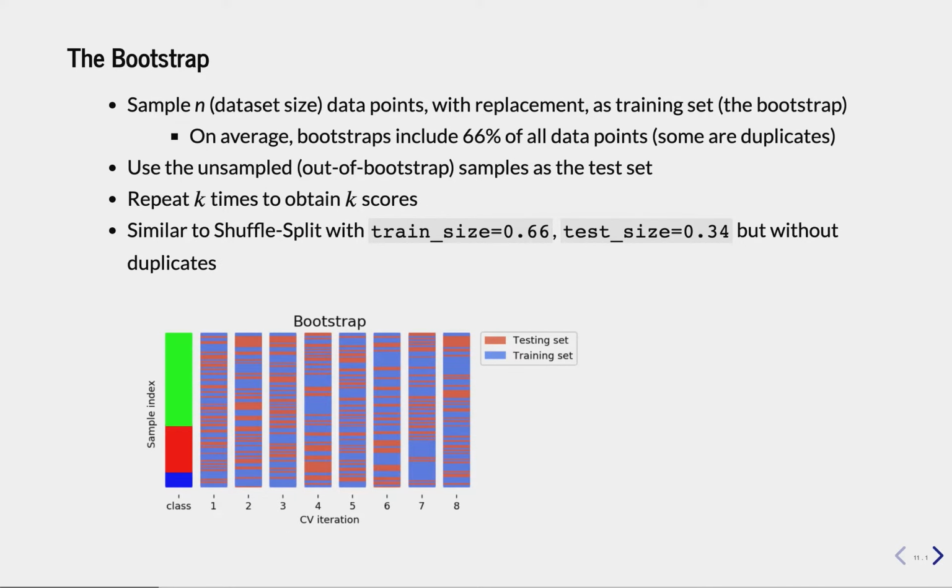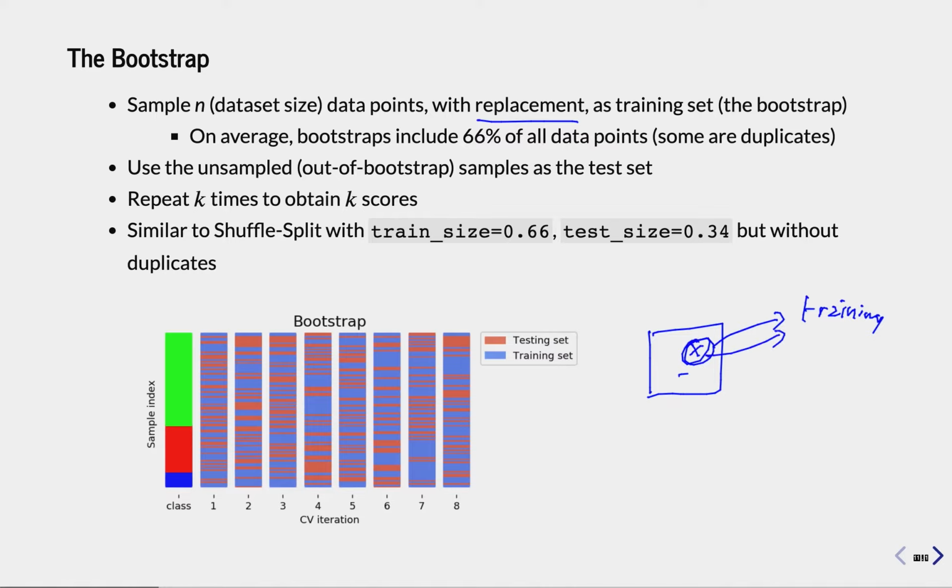And a final example of this is the Bootstrap. This is a bit special in that it samples with replacement. Now before, we either put a data point in our training set or test set. In Bootstrap, say this is our data set and this is an example, we take the example and put it in the training set, but then we put it back in the data set. We don't remove it, right? We just sample it. So it's possible that after some other samples, we select the sample again.